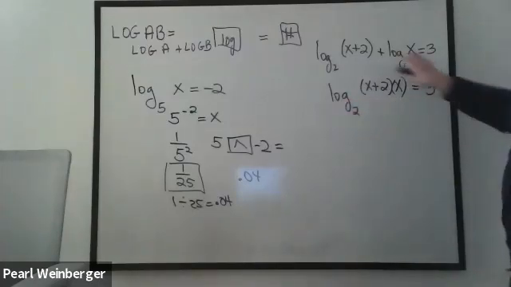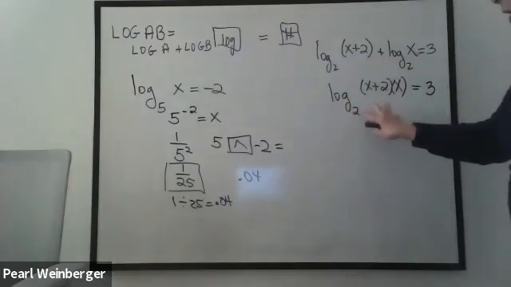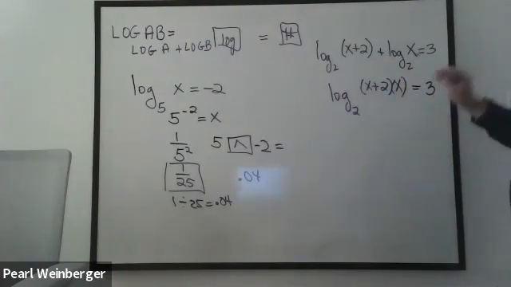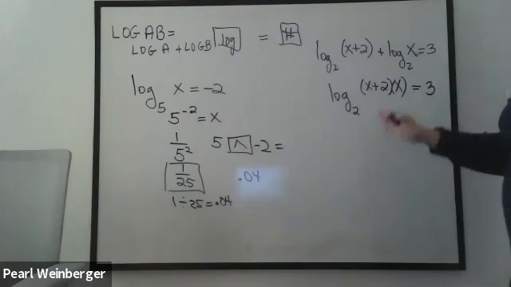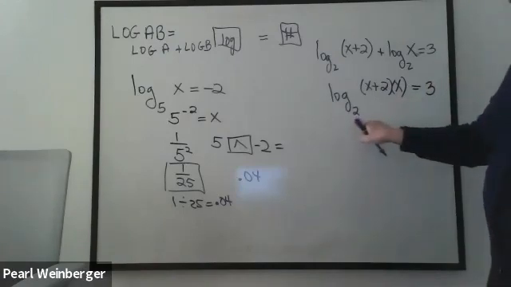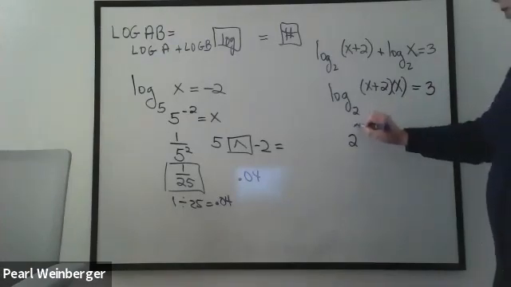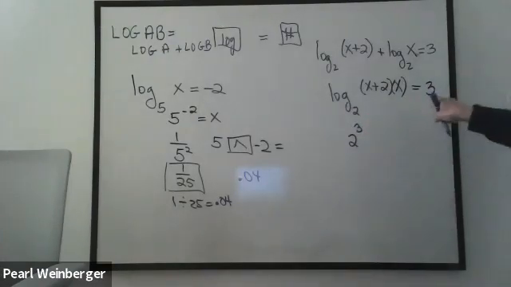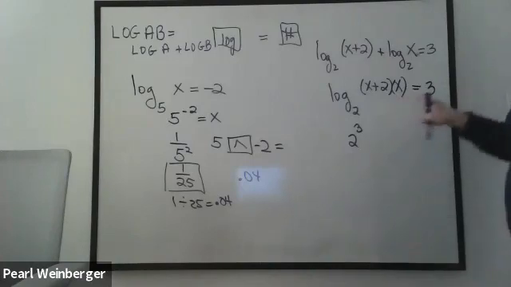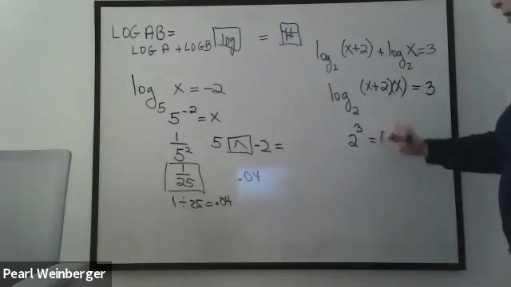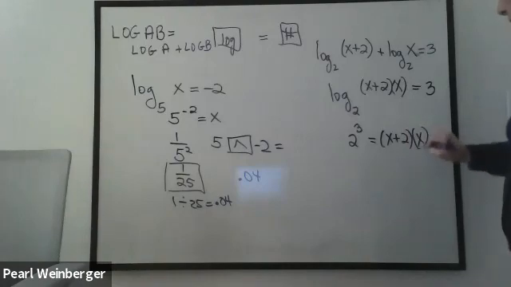Oh, now I have the situation where I have a log on one side and a number on the other side. So I can switch it now to exponential form. My base, I see, is 2. My exponent is 3, because the word log is equal to the 3. The number on the other side is the exponent. This has to be the x plus 2 times the x.